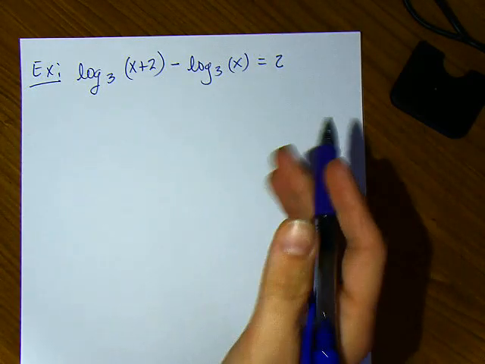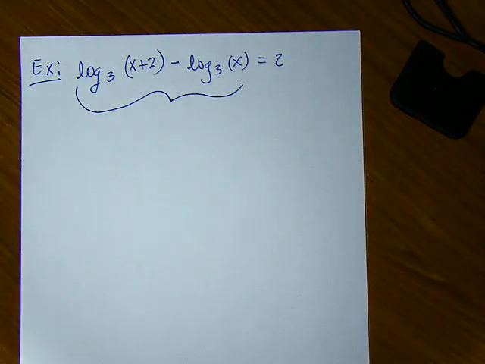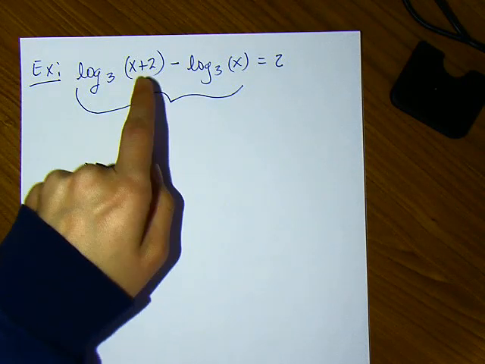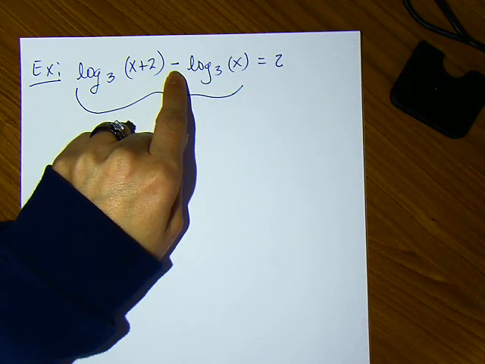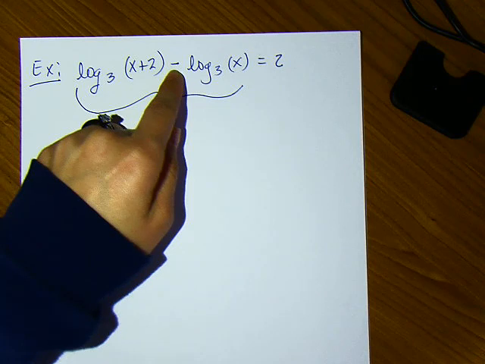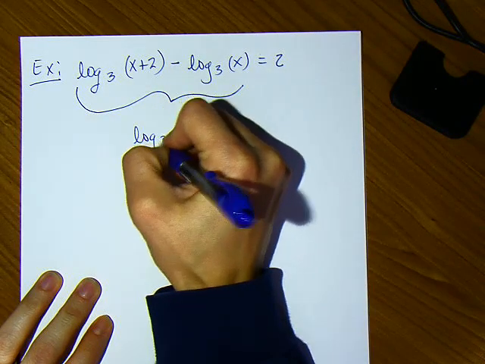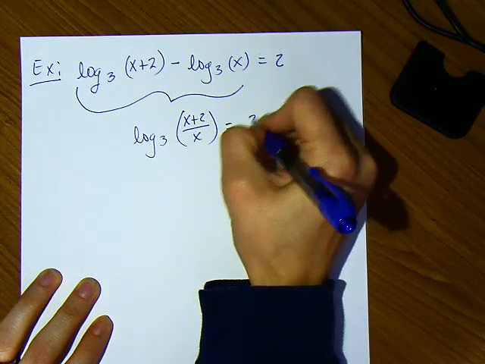So in order to do that, I do need a single logarithm on one side and my plain number on the other side. So again, we'll need to use our properties of logarithms to combine these two logarithms into one. Since we have subtraction, then the property of logarithms tells me that I can combine these by dividing the arguments. So I get log base 3 of x plus 2 over x is equal to 2.